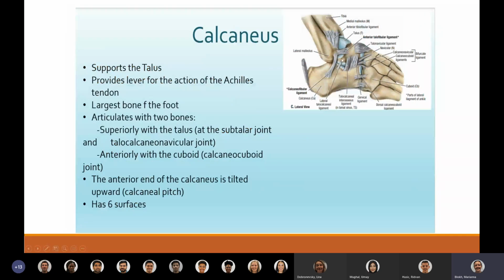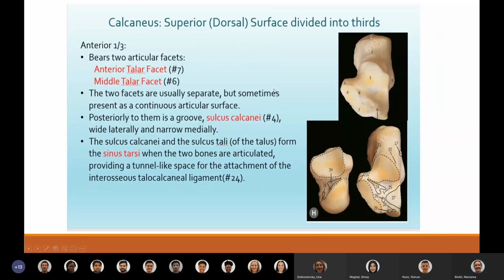And FYI, if someone has a really bad collapsed foot, like severely flat-footed, this pitch is like here. There's no pitch. All right, so important is the superior surface, the dorsal surface of the calcaneus. Why? Because again, of the facets that are the talar facets. Remember, we have, if we look at our calcaneus, right?